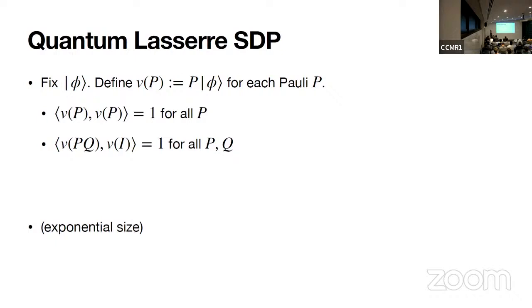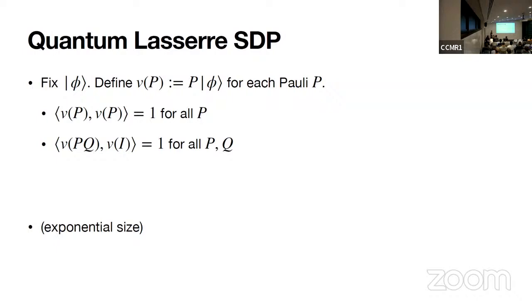So if you take the inner product of v of p and v of p, then it's 1. If you take the inner product of v of pq and v of I, it's not 1. It's the same as v of p inner product v of q, because Paulis are Hermitian.